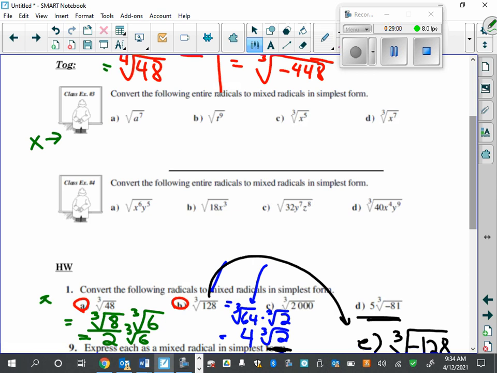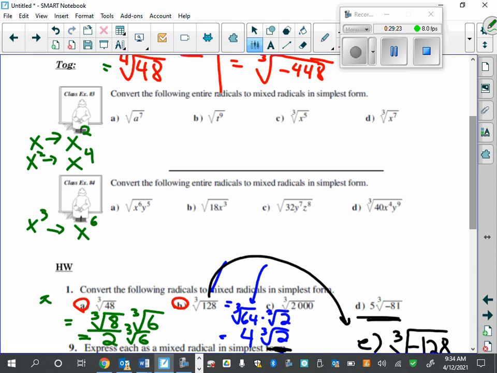What's x times itself? Everyone? X squared. What's x squared times itself? X to the 4th. What's x cubed times itself? Add exponents. What's x cubed times x cubed? X to the 6th. Those are all perfect squares.